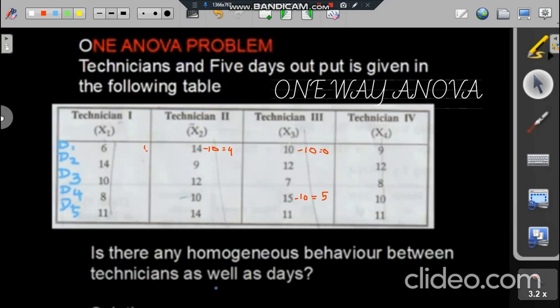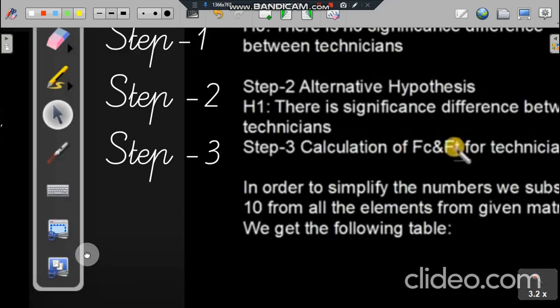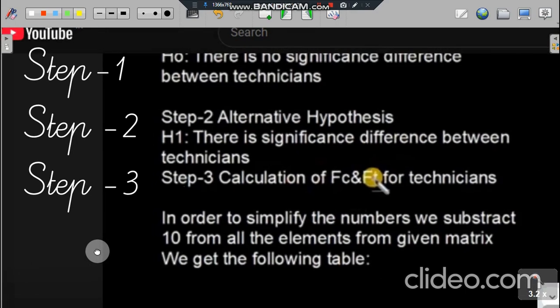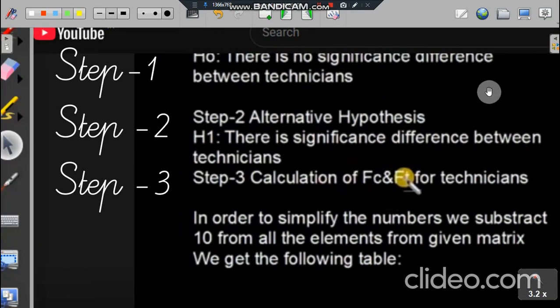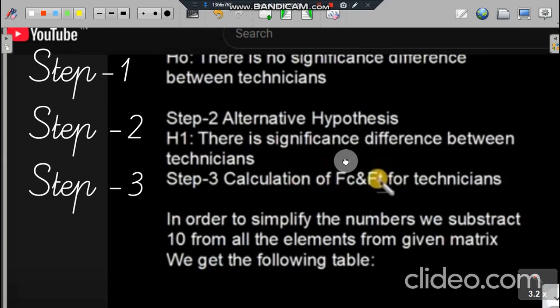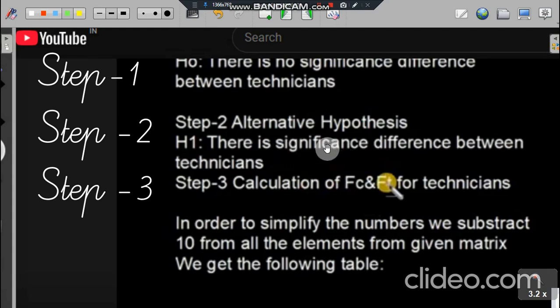Step number 2 is the alternative hypothesis, which is exactly opposite to the null hypothesis. That is, there is a significant difference between the behavior of the 4 technicians.